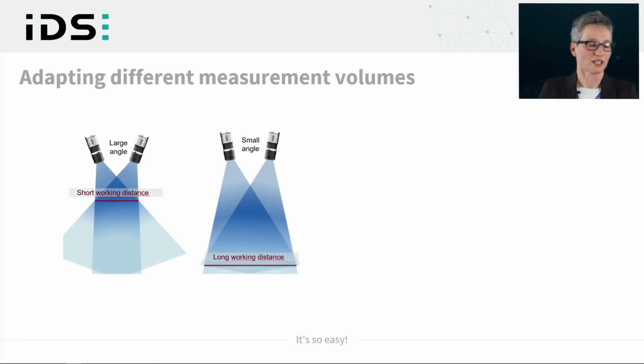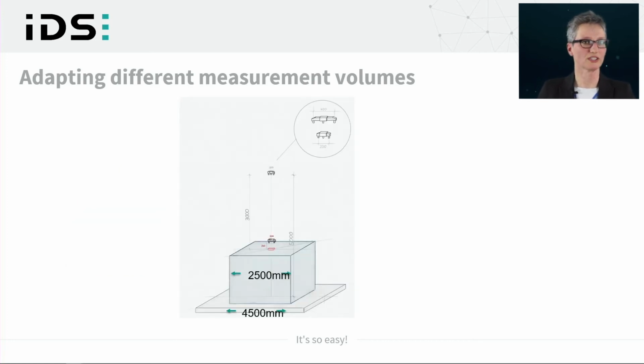And the height of your measuring volume also depends on this overlapping area, as I show you in the next image. So if you see the largest area, it's about 4.5 meters.